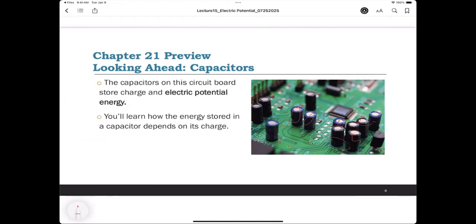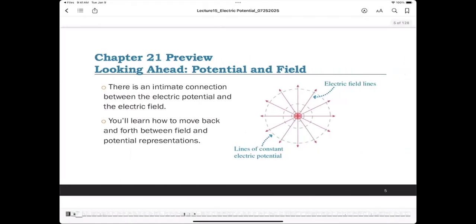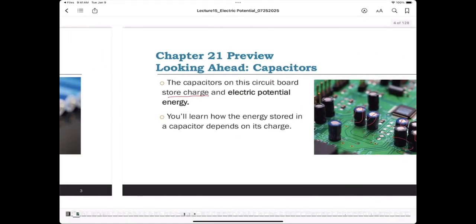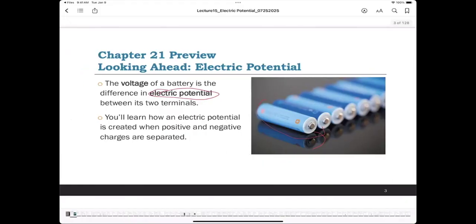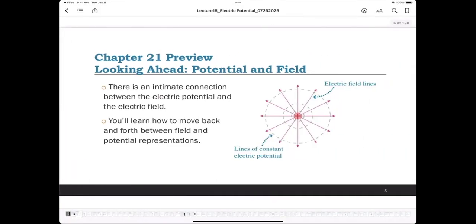I don't know if you have heard of capacitors or used them, but actually it's a very useful electrical component. Capacitors can store charge and electric potential energy, and you will learn how the energy stored in a capacitor depends on its charge. We will mainly focus on those two things.